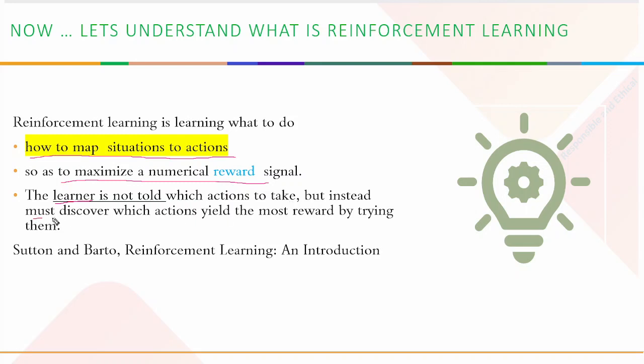Instead, we are saying, if you go left and you hit something which you're not supposed to, then you're going to get the negative reward. Otherwise, you're going to get the positive reward. This is called reward engineering. Sutton and Barto, the famous writers of the book on reinforcement learning.